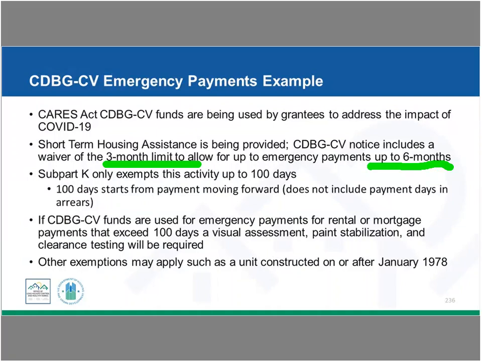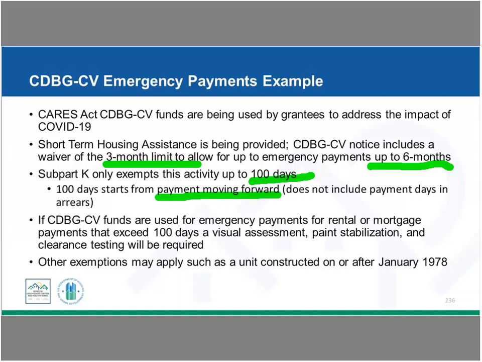So there was additional guidance provided about how we make that calculation of the 100 days. The 100 days starts with that payment, and so we're starting our calculation there. Let's use an example.